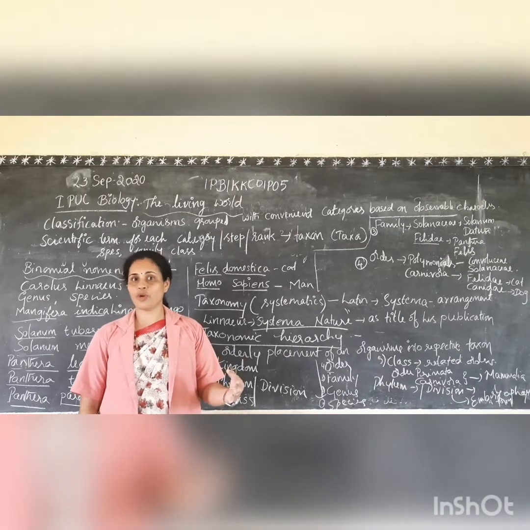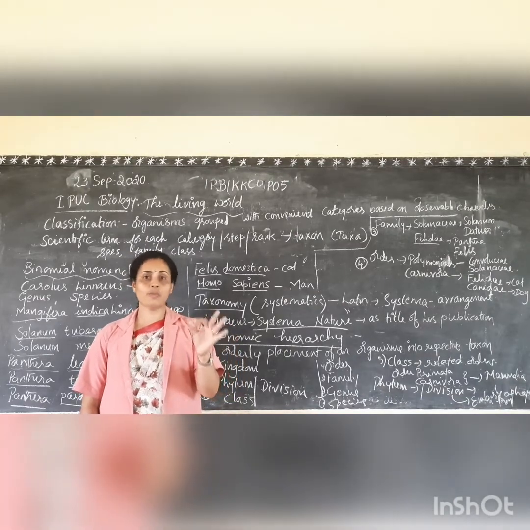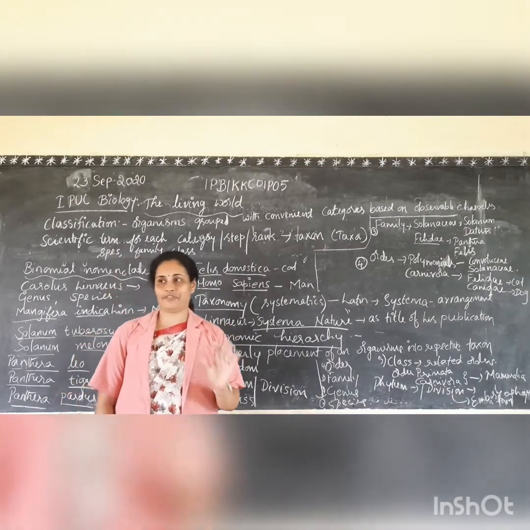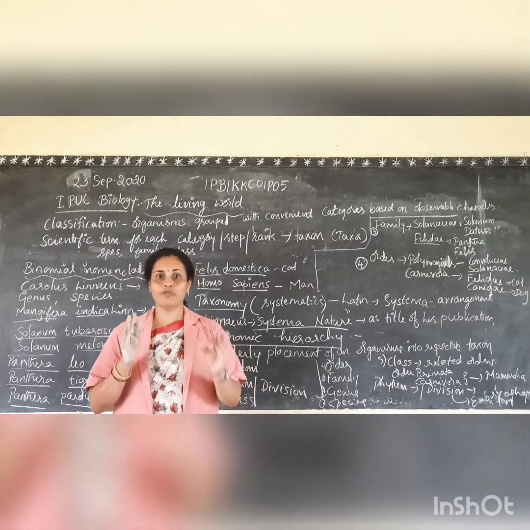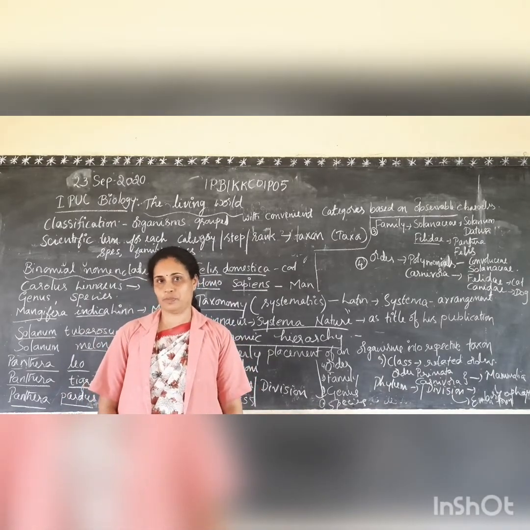In a species, the chromosome number is specific. For example, in human beings, 46 is the diploid number of chromosomes.